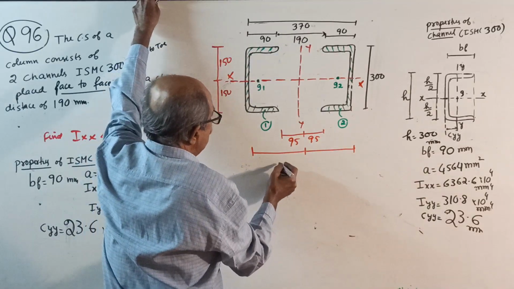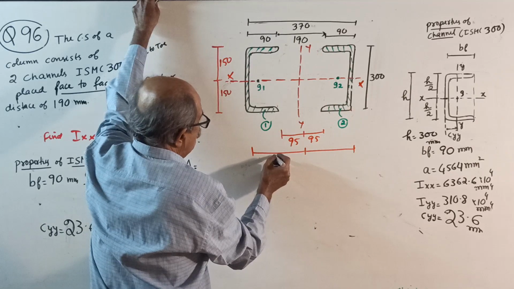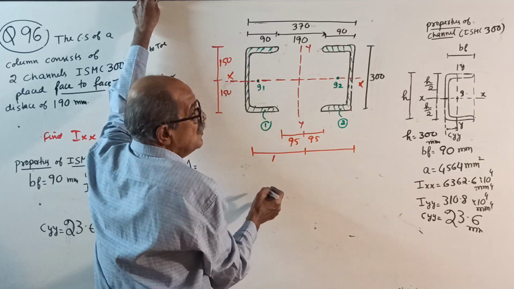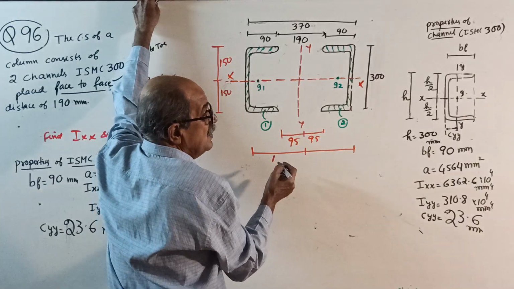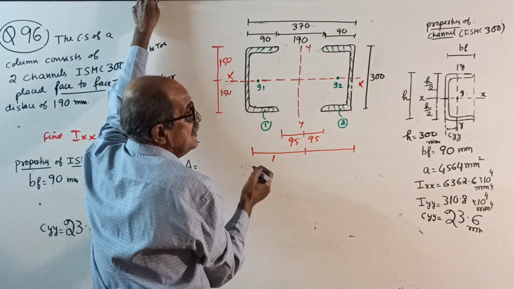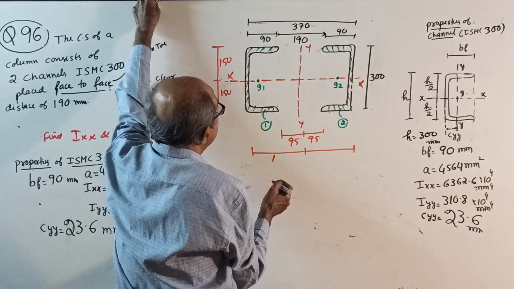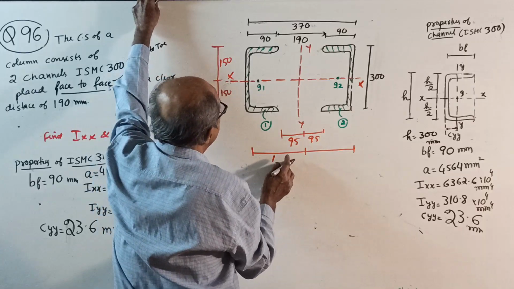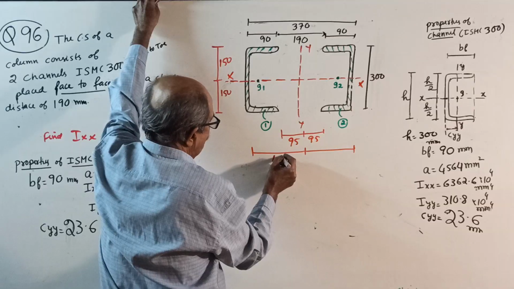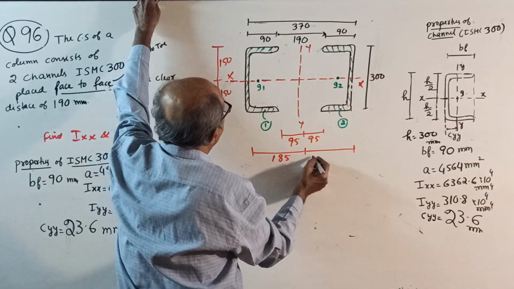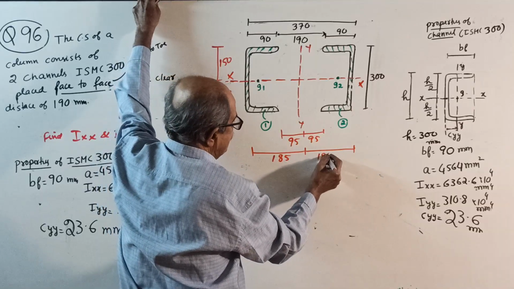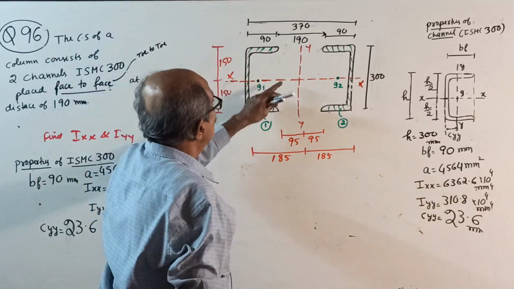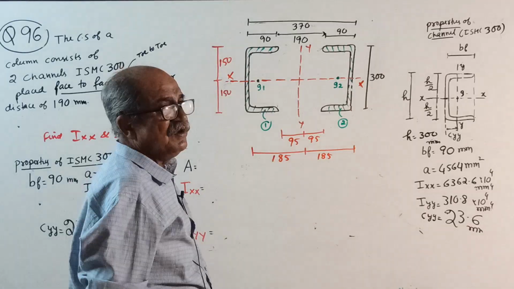So 370 by 2 is how much? 185. Okay, 185, 185. Correct? Your choice.